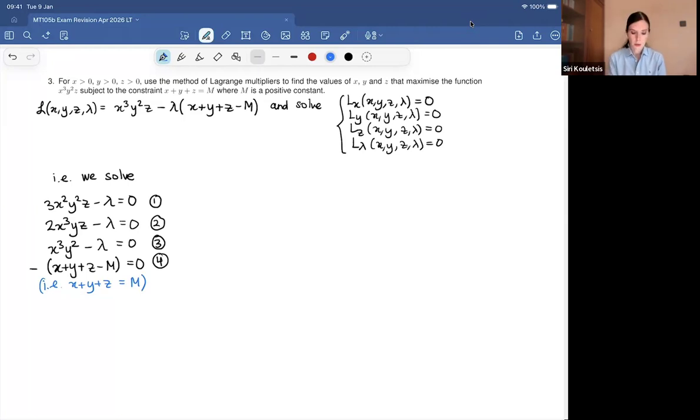Now, what do we want to do next? We want to eliminate lambda from equations 1, 2, and 3. And it's worth writing that down, I think. It makes it very clear what you are about to do here.